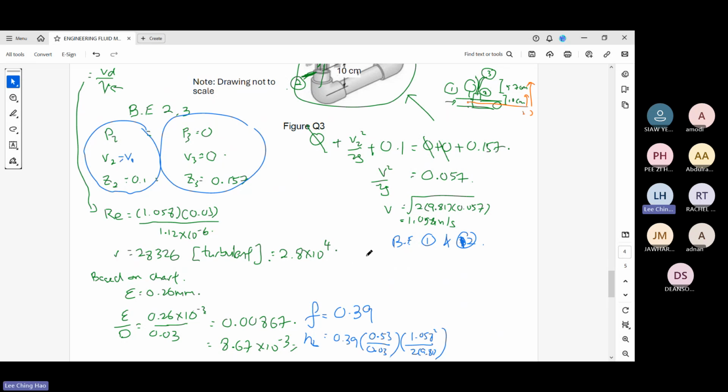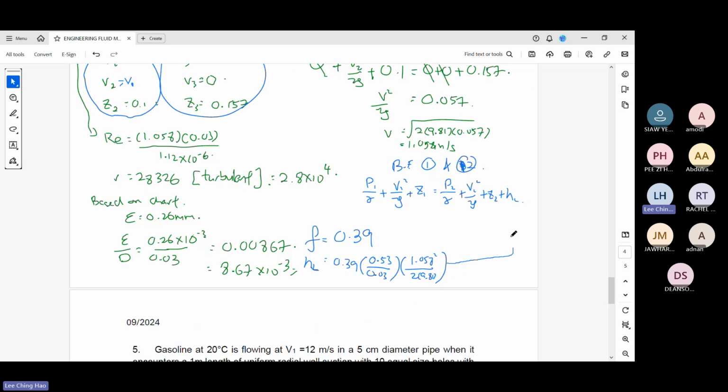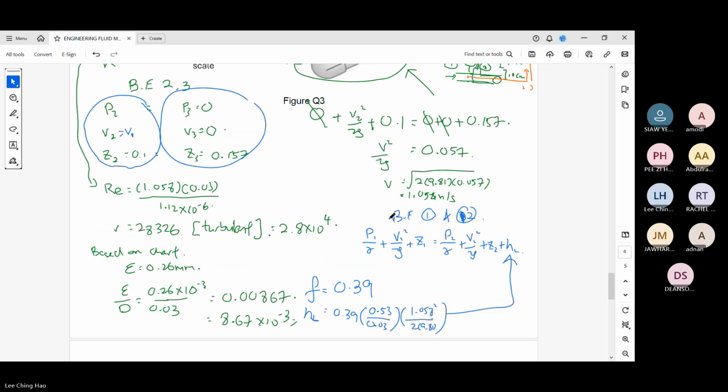So then P1 over gamma plus V1 squared over 2g plus height 1 equals P2 over gamma plus V2 squared over 2g plus height 2 plus hL. The hL is this one, which I did not calculate. But for the rest, P1 is what we want.